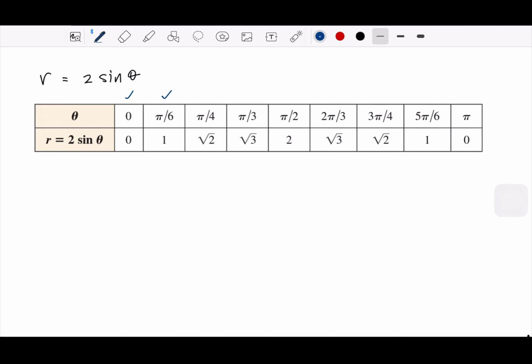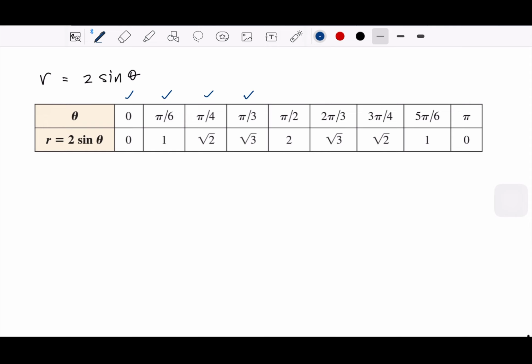And then pi over 6, sine theta is half, so r becomes 1. And then pi over 4, sine is half square root of 2, and it becomes square root of 2 because it's multiplied by 2. And then pi over 3 is half square root of 3, the half is cancelled, so it's square root of 3.